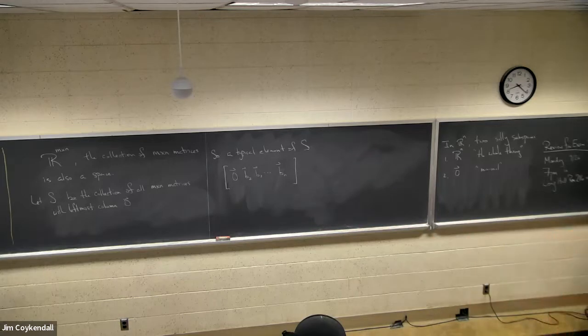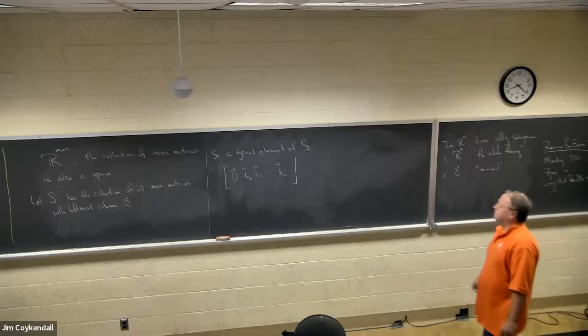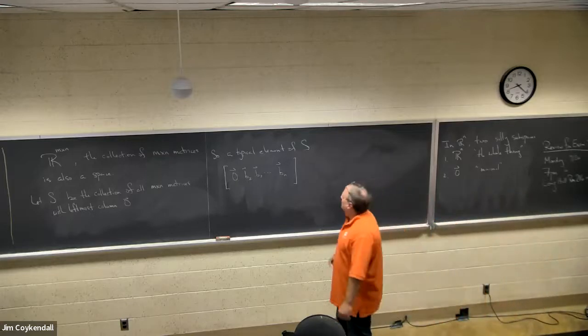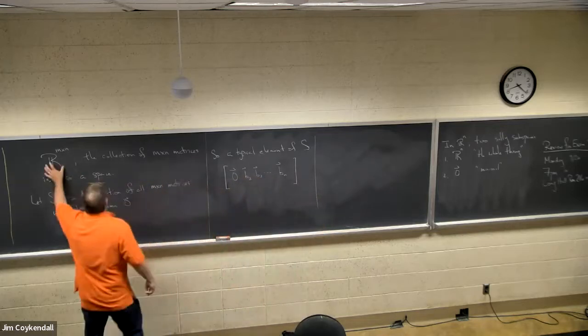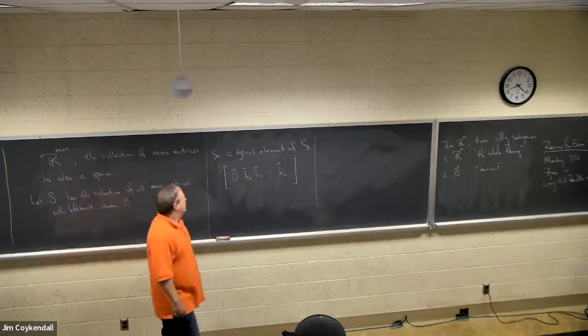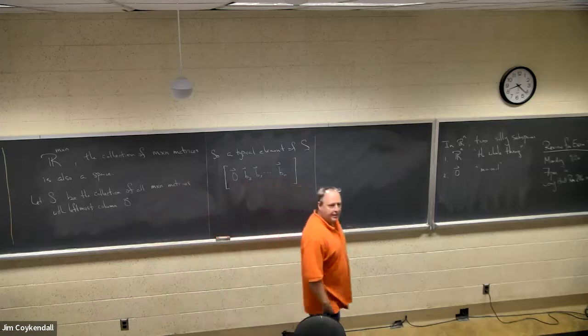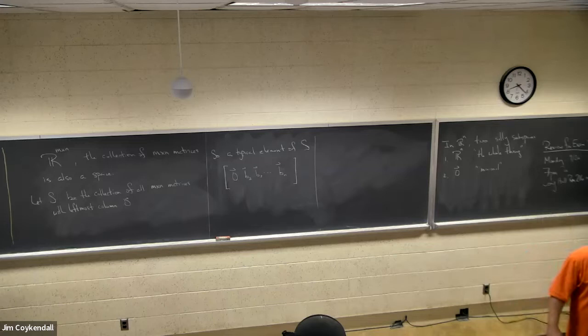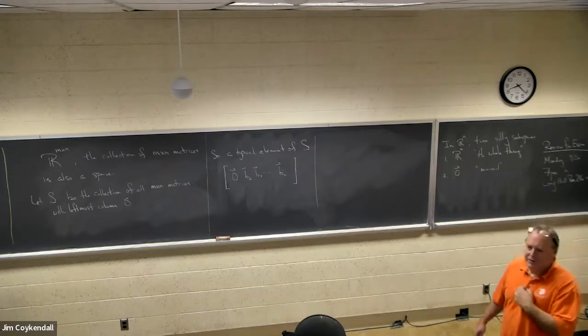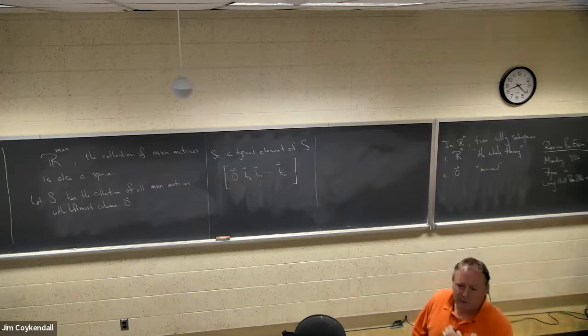That's it. It's just got zero left columns. I claim that this is a subspace of all n by n matrices. Certainly, this is just a special form of n by n matrix. What do you suppose plays the role of zero? What is the zero vector for this example?